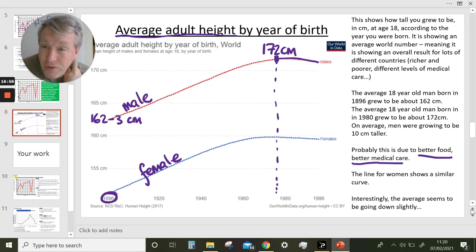So overall, the average world height has gone down very slightly. And let's hope it goes up. Let's hope it goes up to show that in the future, many more people around the world are having the chance to eat as much as they can to grow healthy.